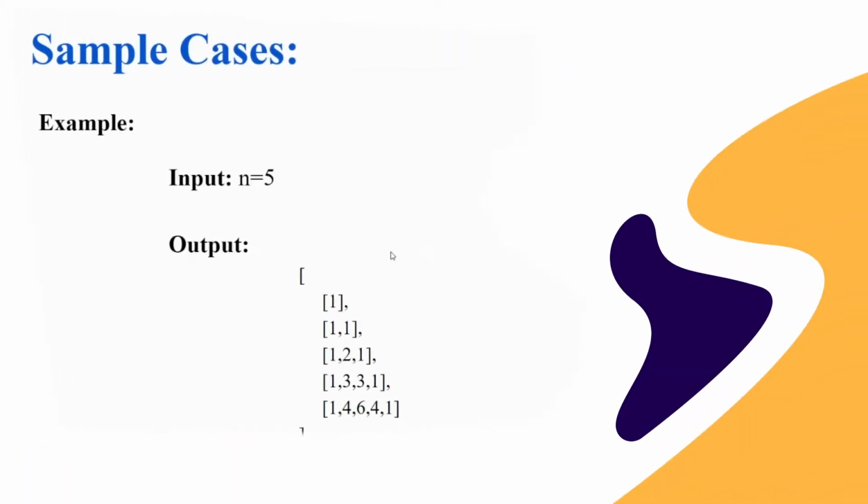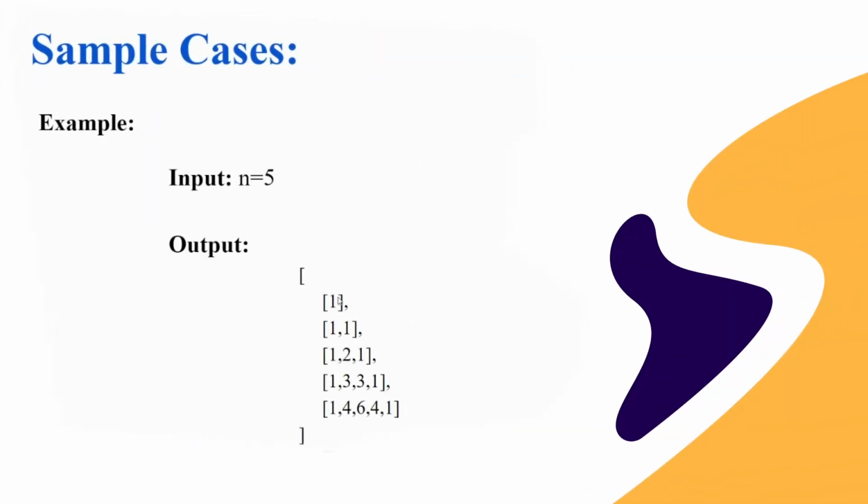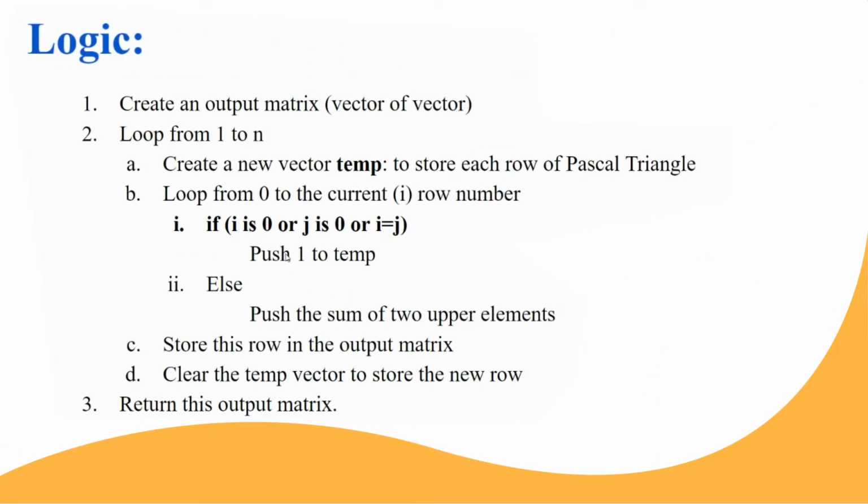So what does i equals j refer to? It refers to the ending 1. As you can see, first row first column is 1, second row second column is 1, third row third column is 1, fourth row fourth column is 1. So the condition i equals j handles the last element of each row, which is 1. Also, j equals 0 refers to the first column.